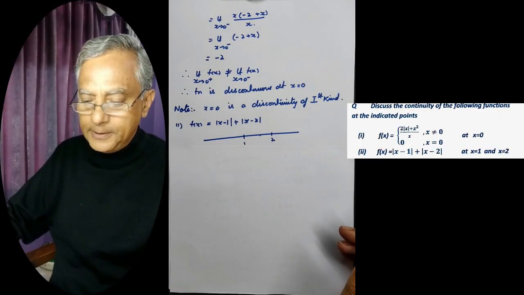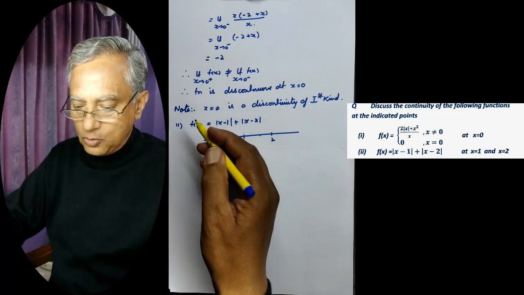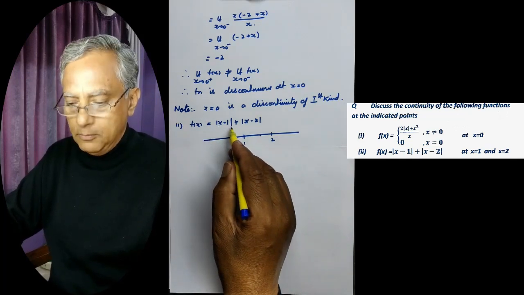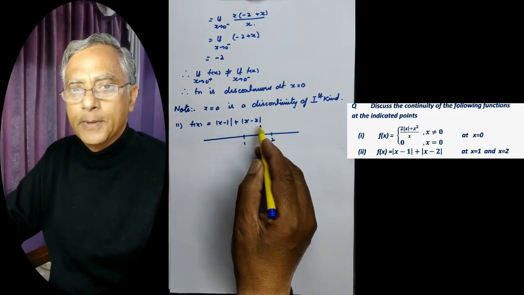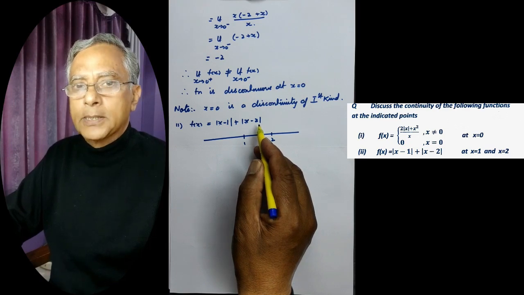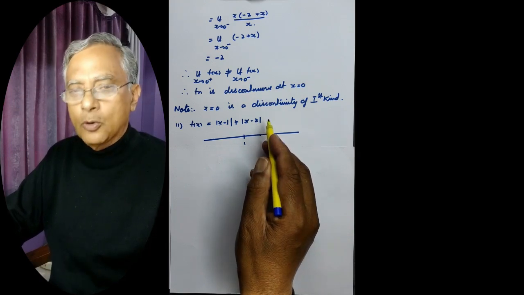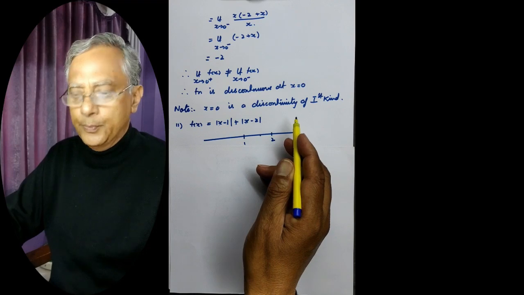Now the next question is, we are given f(x) equal to mod of x minus 1 plus mod of x minus 2. We have to discuss the continuity at x equal to 1 and x equal to 2.